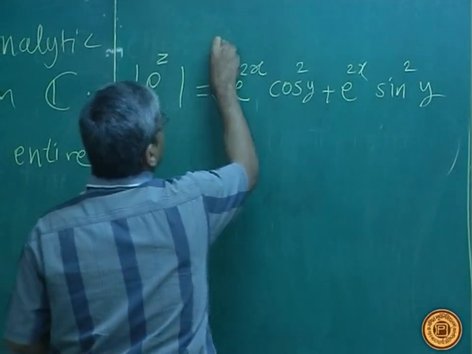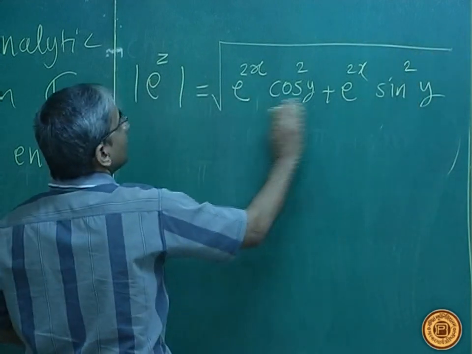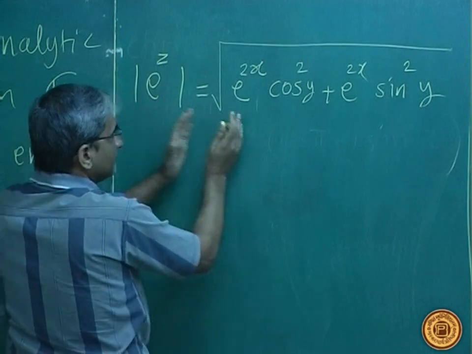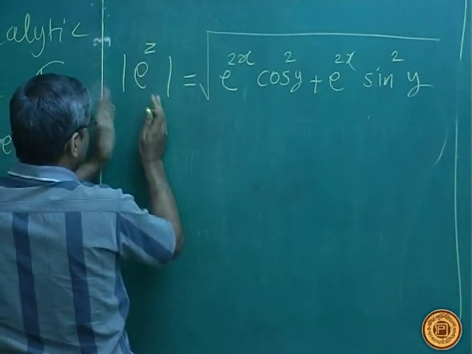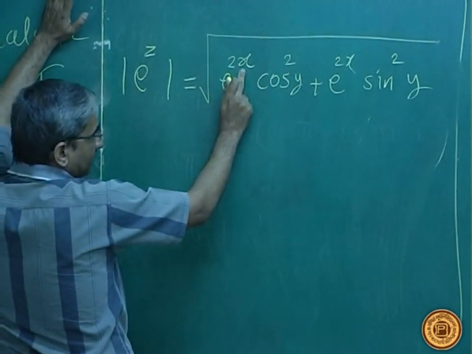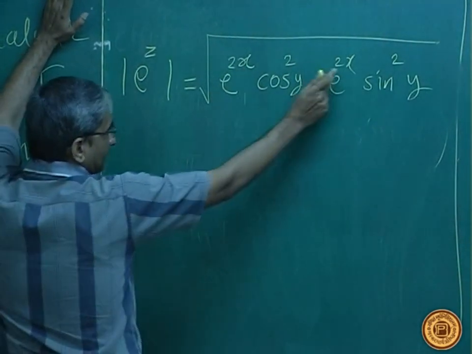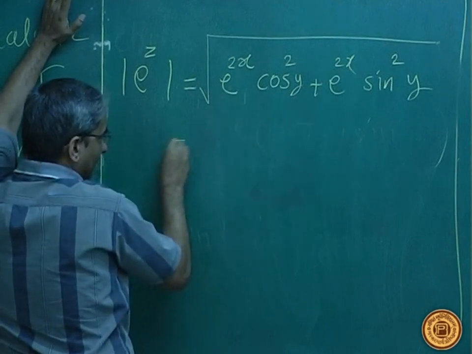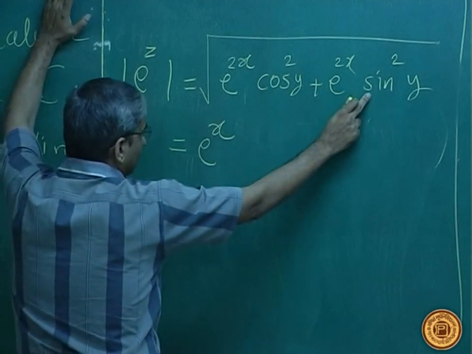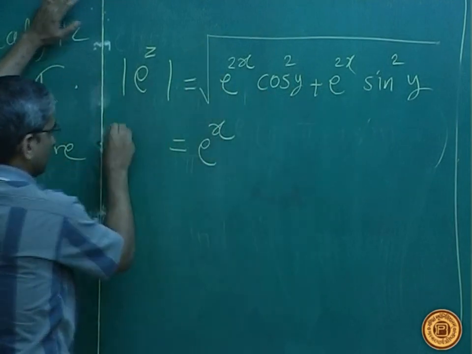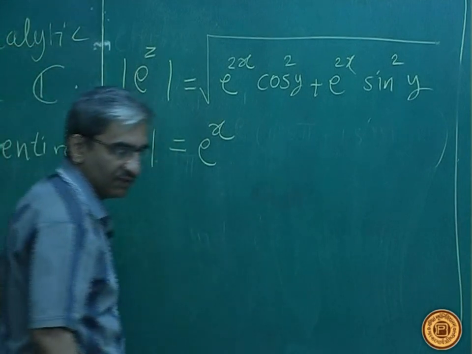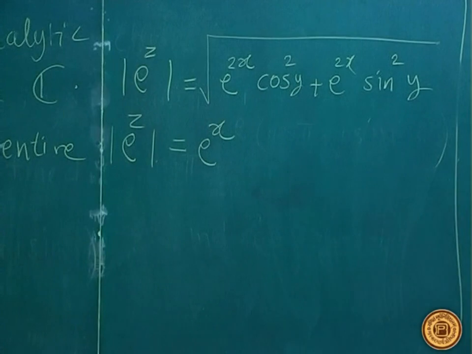This is the square root of u square plus v square, that is mod f(z). If f(z) is u plus iv, mod f(z) is the square root of u square plus v square. But now e to the power 2x, if you take outside, e to the power x will come out and cos square y plus sin square y is 1, and we are taking the positive square root. So mod of e to the power z is e to the power x.